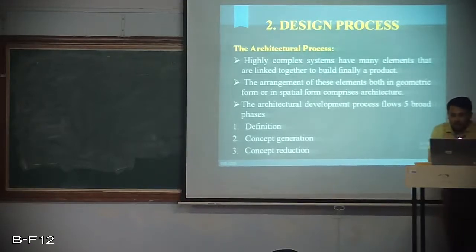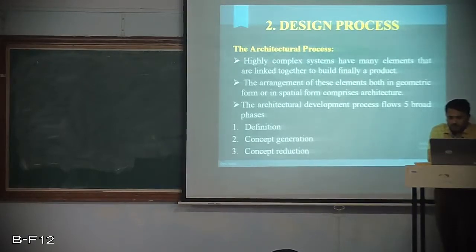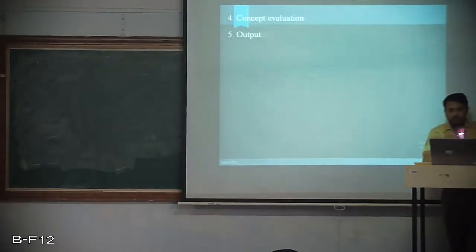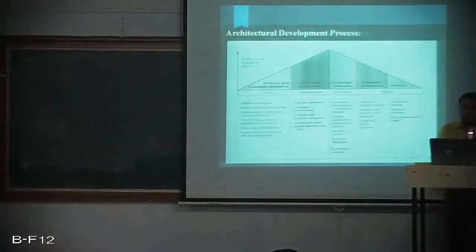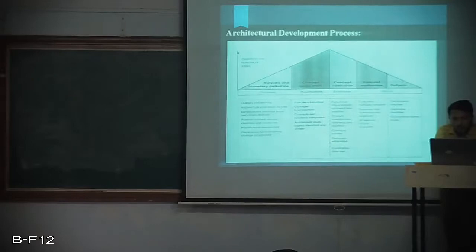The architectural development process flows through 5 broad phases: definition, concept generation and concept reduction, concept evolution, and output. On the y-axis the growth in the number of ideas is given, and on the x-axis there are various process categories: definition, development, evaluation and output.